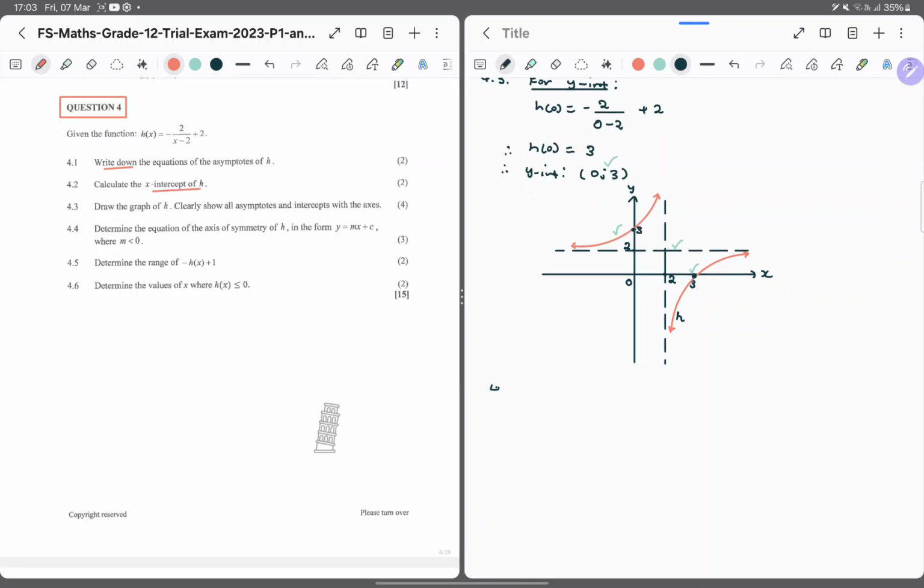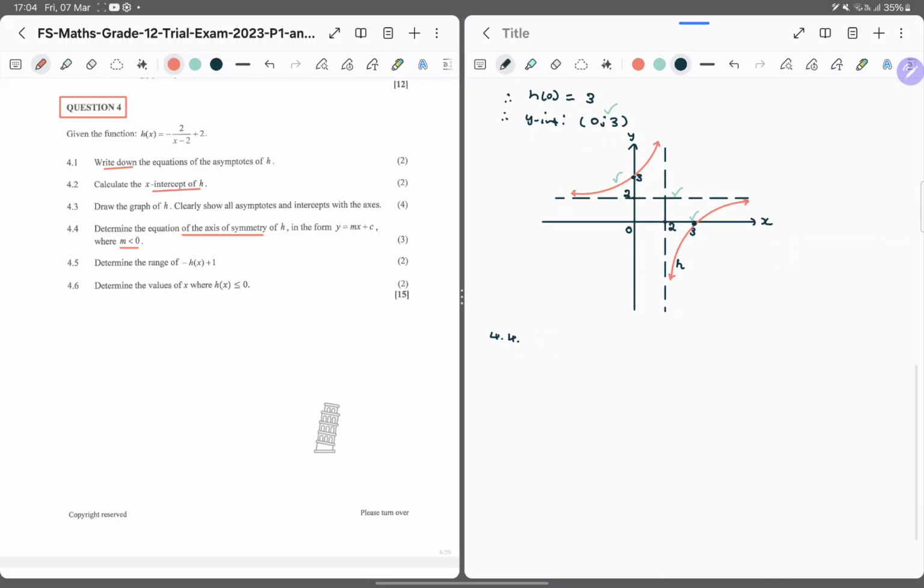Now we will do 4.4. It says determine the equation of the axis of symmetry of h in the standard linear format, where m is less than 3. So this one is easy because we're going to write here y is equal to minus (x minus p) plus q. So this is the best format. I see a message there guys, but let me move quickly.